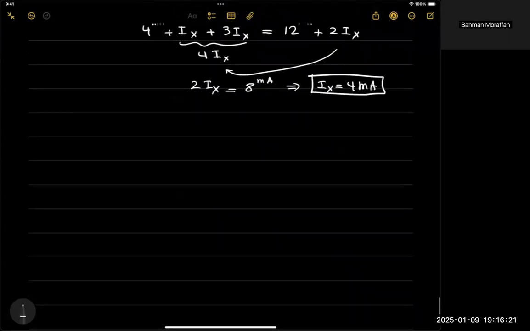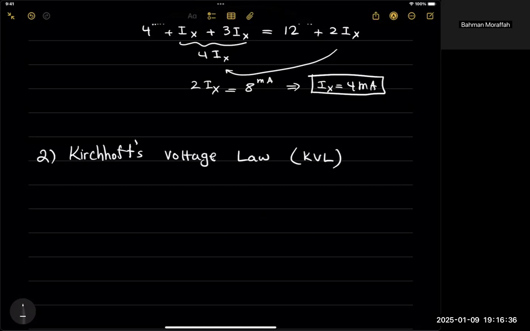Another type of Kirchhoff law is Kirchhoff's voltage law, or KVL. And what it says is pretty similar to Kirchhoff's current law. But this time, instead of writing it for a node, we're writing it for loops.